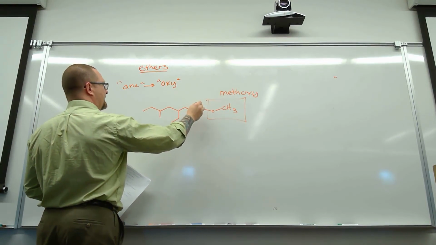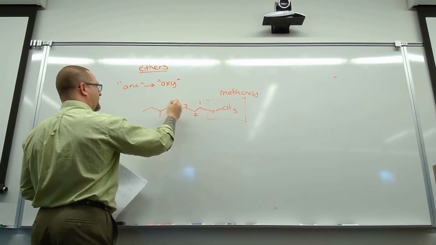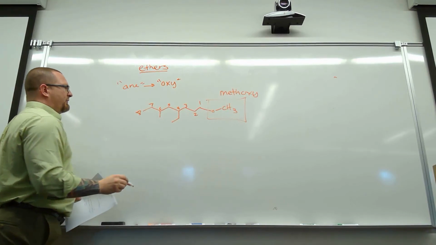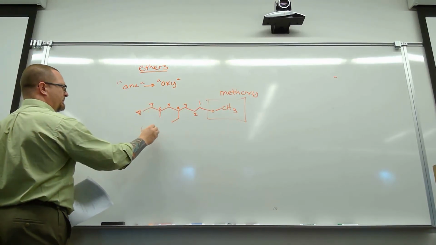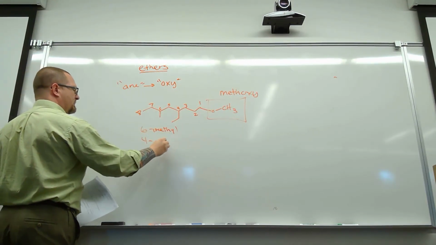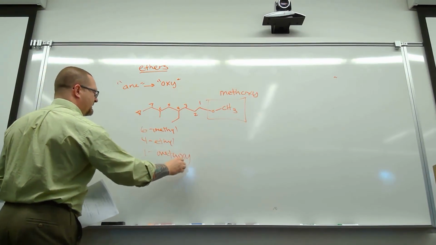Would I label this as 1 because it's closest? Yeah, 1, 2, 3, 4, 5, 6, 7, 8. So we have an octane. We have a 6-methyl, a 4-ethyl, and a 1-methoxy.